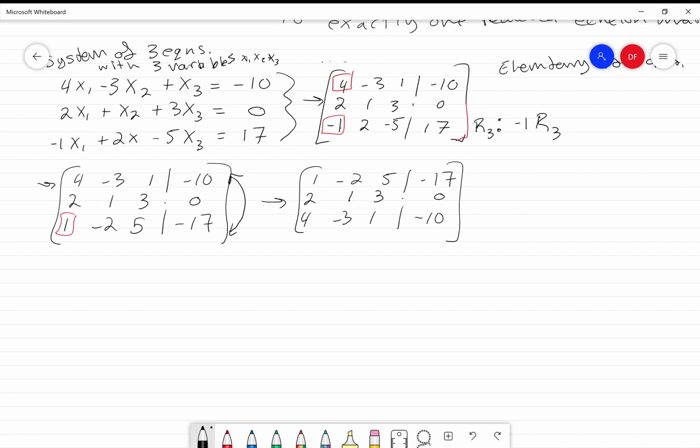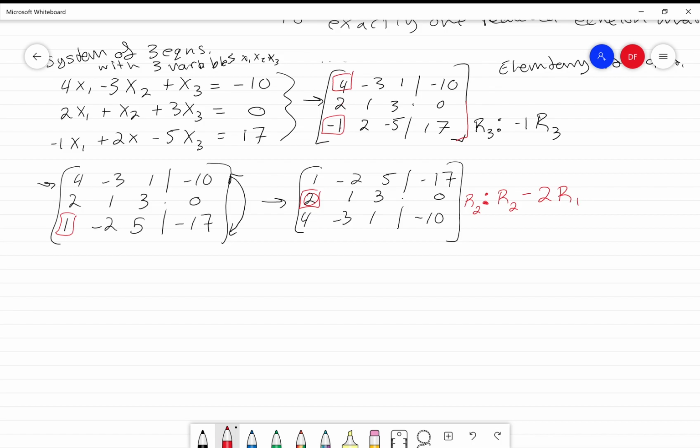Okay? And now I could easily make this one 0. How? By doing this. Row 2, replace row 2 with row 2 minus 2 times row 1.